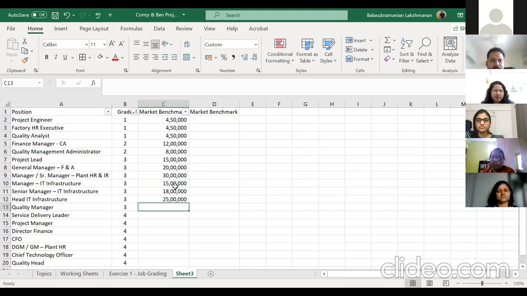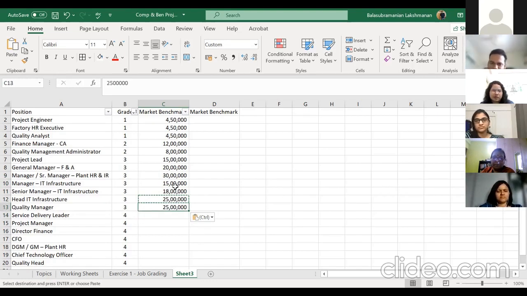Quality manager should also be at 25 or 30. I think for quality manager, we normally get 15 lakhs, 15 to 18. If it is QA quality, testing, right? We are talking about an IT firm, right?